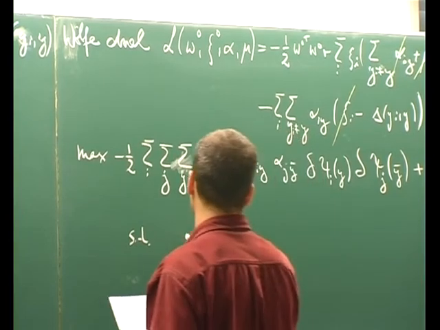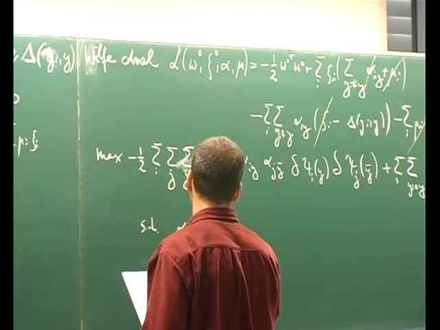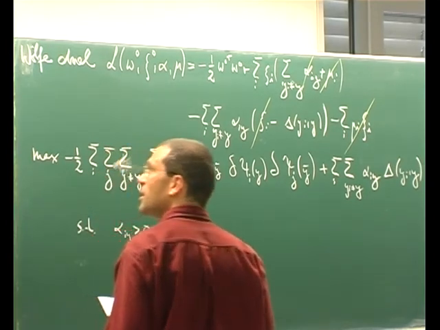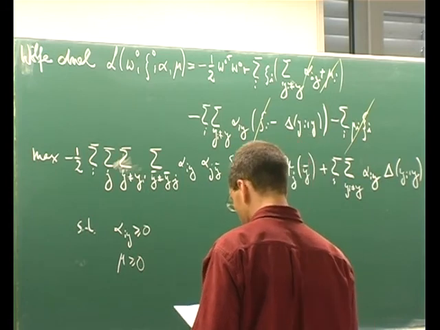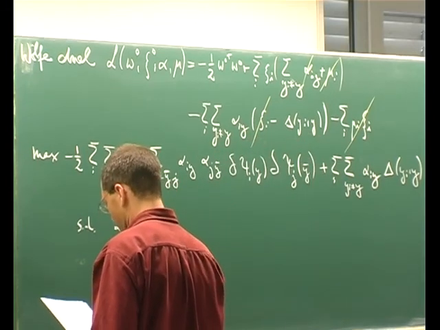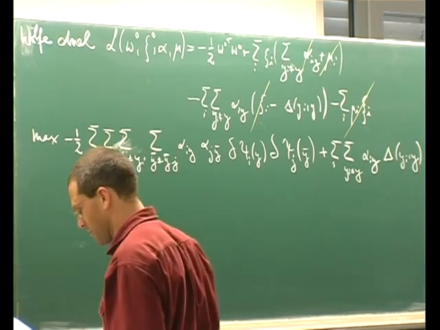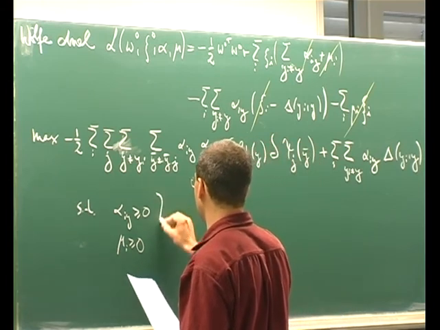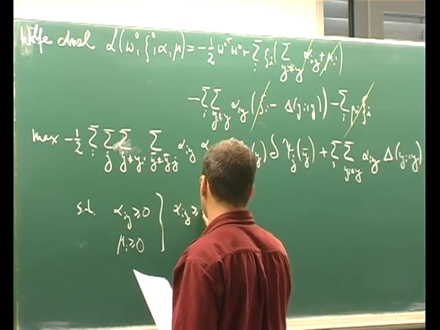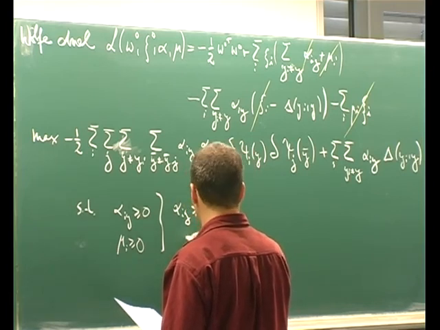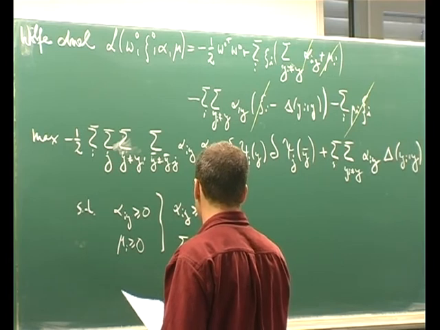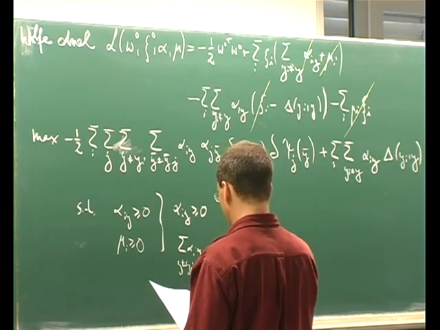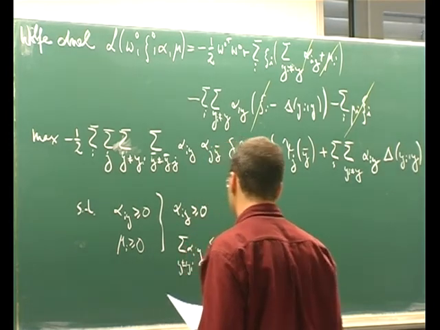So we know that the Lagrange multipliers should be larger than or equal to 0. We also know that mu should be larger or equal to 0. And we have this condition on the cost. And these two we can summarize as saying that the sum over all the alpha I y must be less than or equal to c.